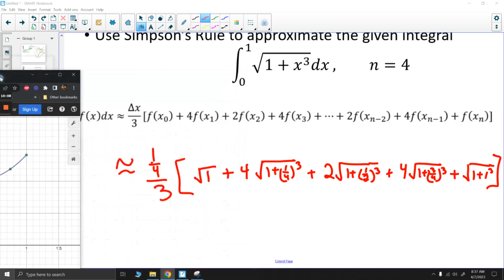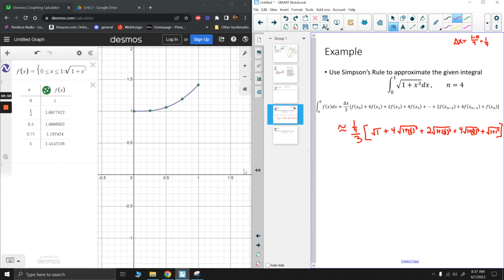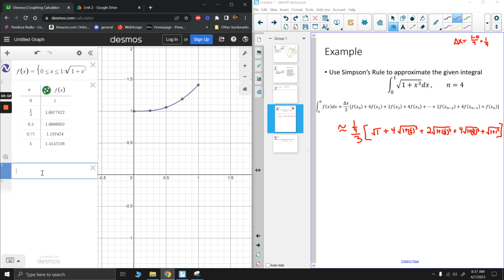So we'll go ahead and plug that into our calculator. So 1/4 divided by 3 is like saying times 1/3, so that's going to be 1/12 times 1 plus 4 times the square root of 1 plus 1/4 to the third. I know that I have these and I could round them, but they're approximations, so I might as well take as good as I can do.